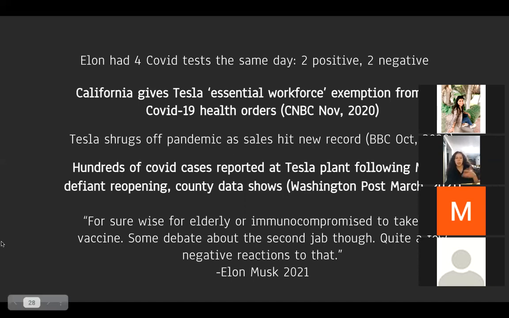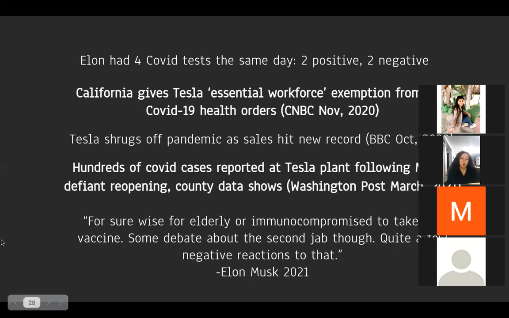But then there was another kind of news, like Tesla shrugs off pandemic as sales hit new record. However, in 2021, Washington Post claimed that hundreds of COVID cases at Tesla were positive, but Tesla kind of hid this.